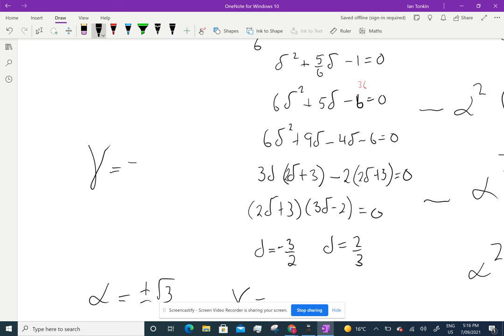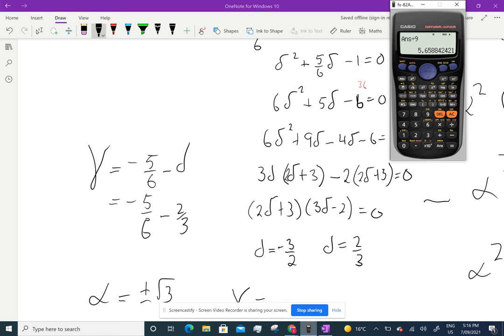I'll only do it for delta equals 2 on 3, so minus 5 on 6 minus 2 on 3. You watch, it's going to be minus 3 on 2. We just use our calculator, it makes it so much easier. So, minus 5 on 6, and we're minusing 2/3.